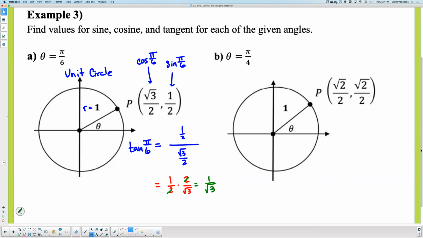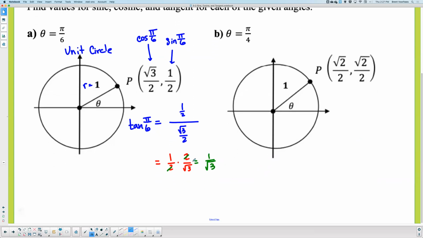square root 3. And what we're going to learn as the days go on is we'll never leave a square root in the denominator. So to get rid of that, technically, the way to do that is you multiply top and bottom by that same square root. Now, why do I do this? I'm technically multiplying by 1.